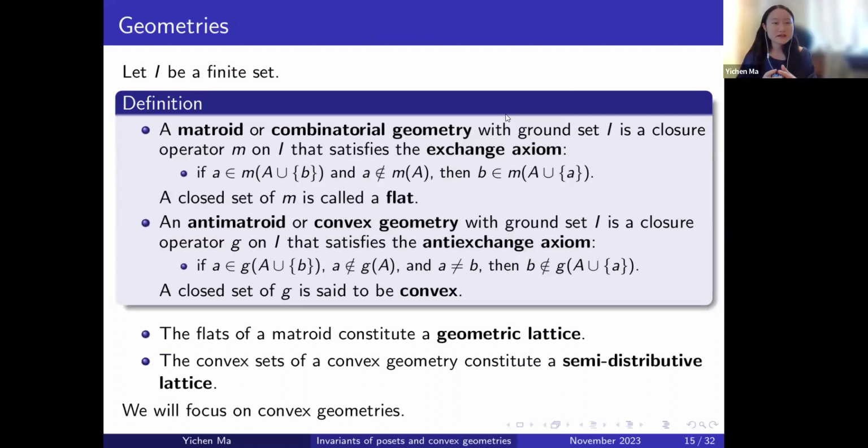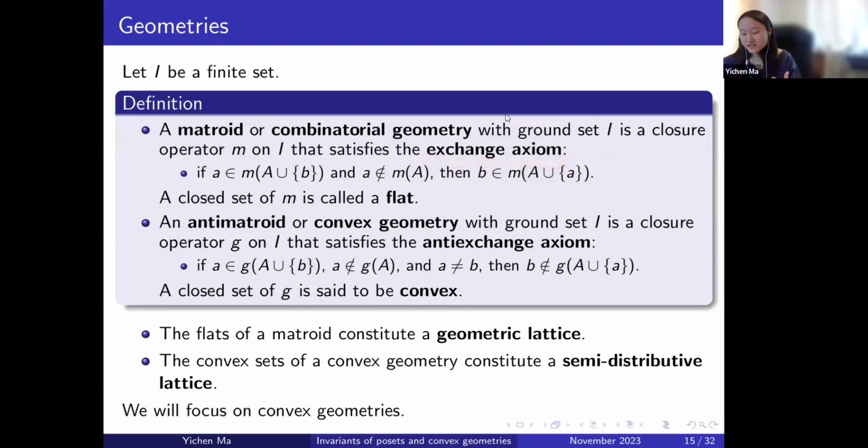But before that, I want to say something about the importance of closure operators in general. Besides anti-matroids, convex geometries, or posets, we also have matroids, which are another collection of closure operators. Let I be a finite set. A matroid is a closure operator satisfying the exchange axiom.